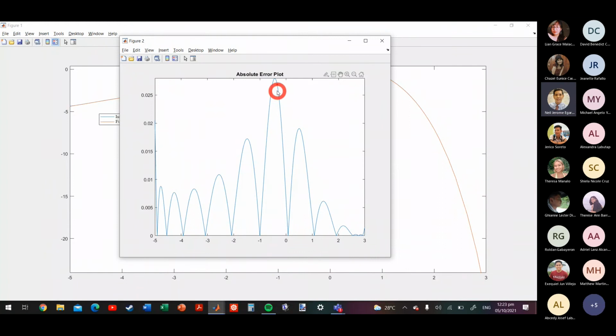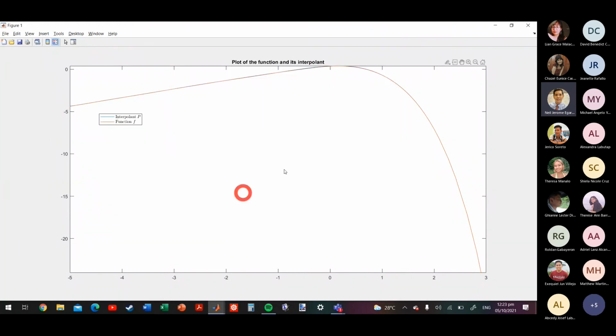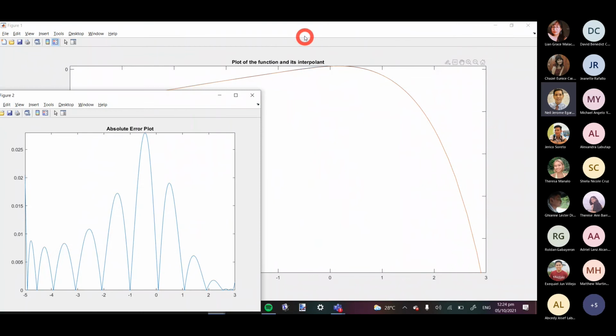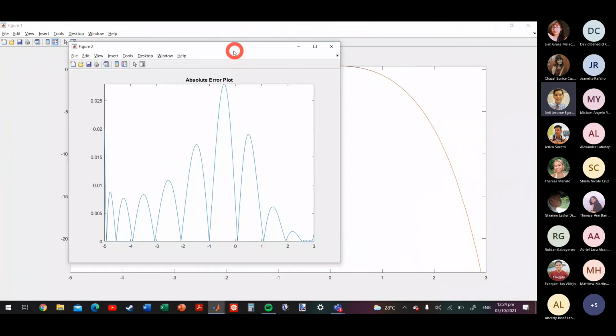And this is good because we know that the function values actually here is very small. Or actually, it's not that small, pero it's somewhere near 0 over here. Okay. So, at least graphically, here in figure 1, we see that they almost coincided. And in figure 2, we see that there are very small absolute errors.